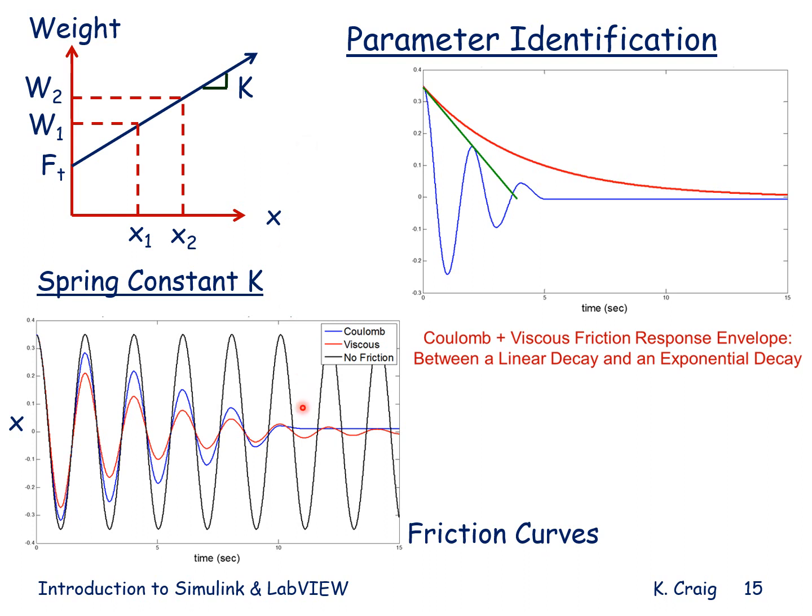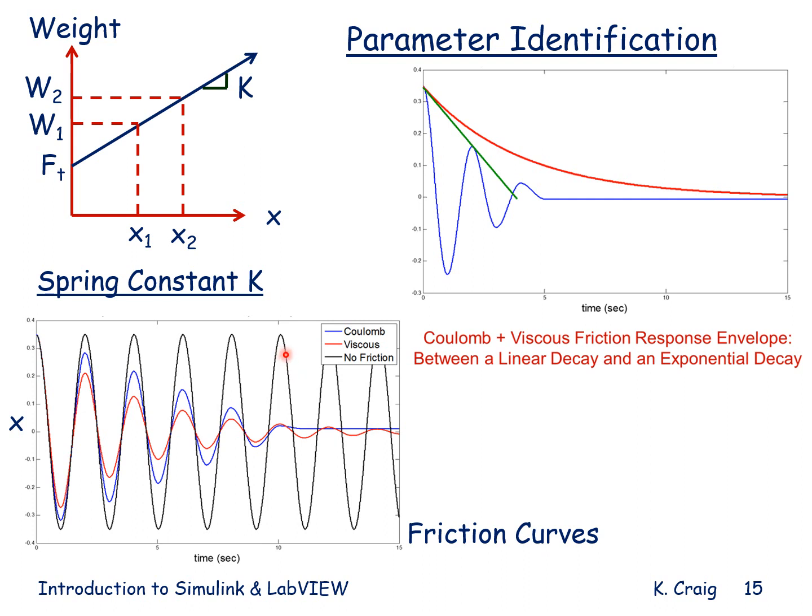I know from previous experience, and we will also cover this in the future, that if I have an oscillatory system that has no damping, then the oscillations will persist and will not diminish at all, as indicated by this black curve.